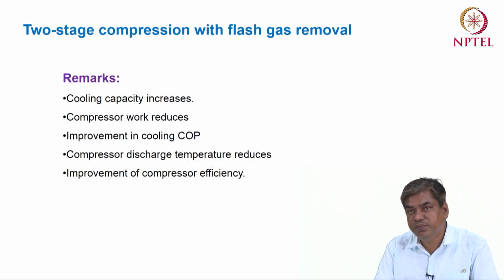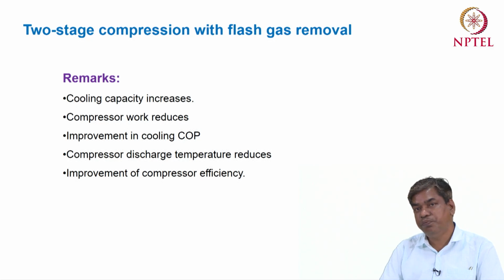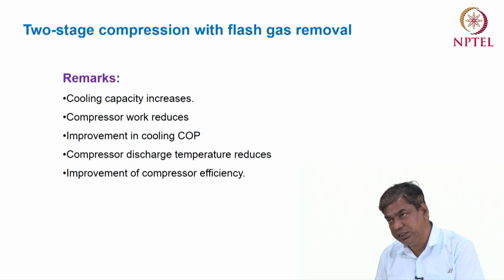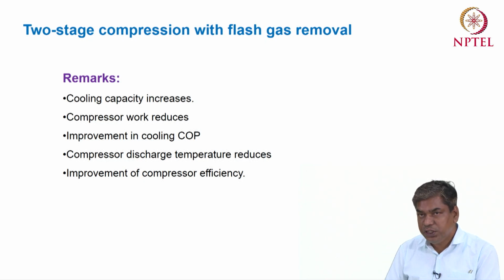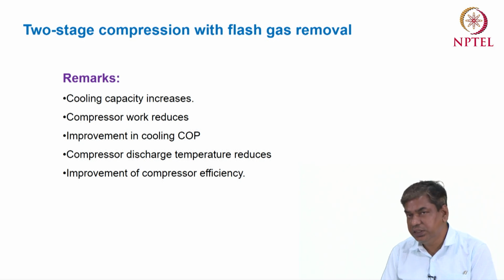Okay, so that means if we want to compare the single stage compression system with the two stage compression system, then if you use the isentropic efficiency of the compressor, which is related to the pressure ratio.